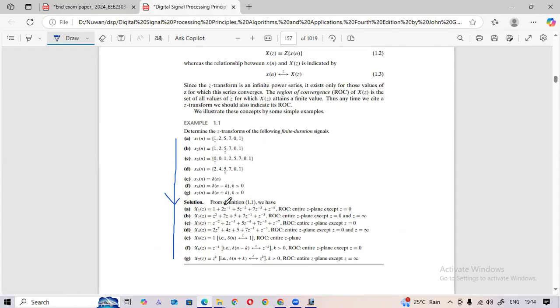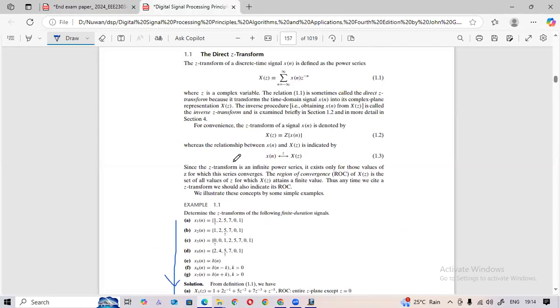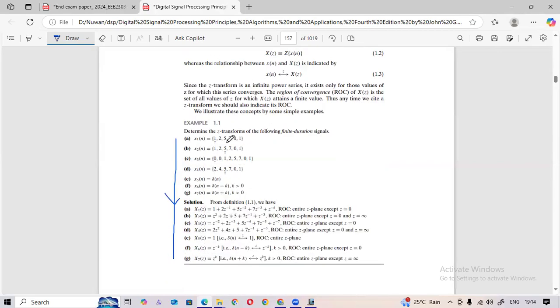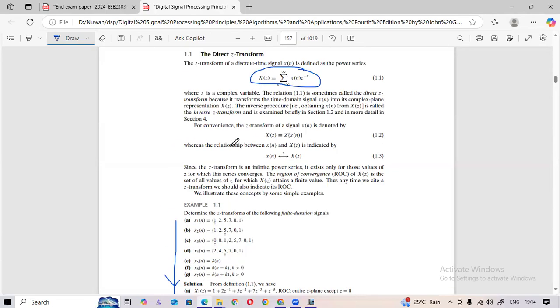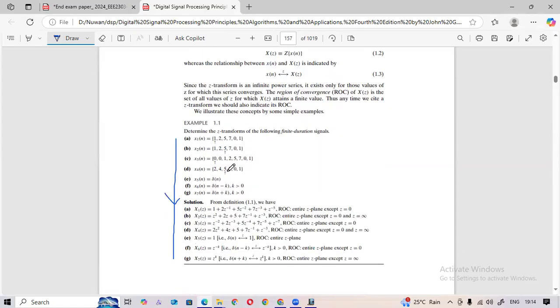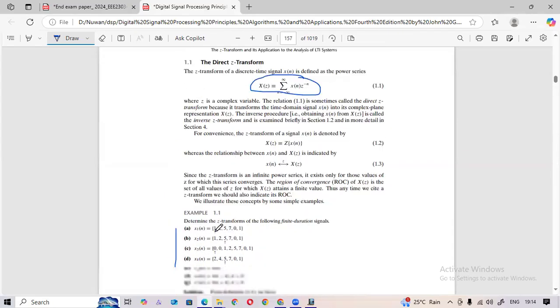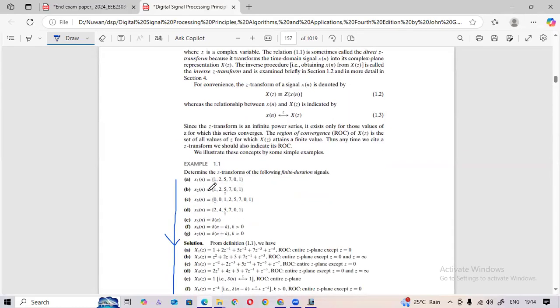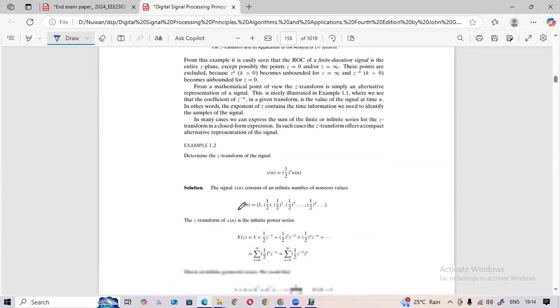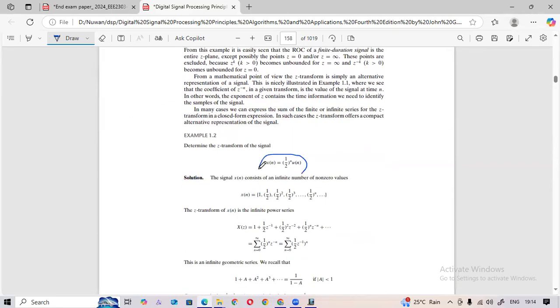This is not much difficult. You have to use this identity and expand this. That is what you need to do. I think you know how to do that. Then this kind of one also you can get. This is actually a power series. You will get the power series.